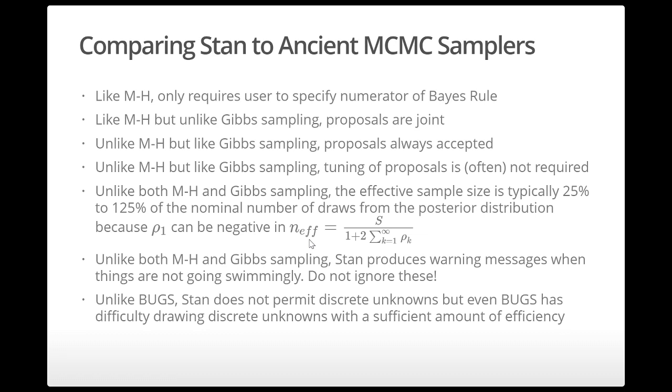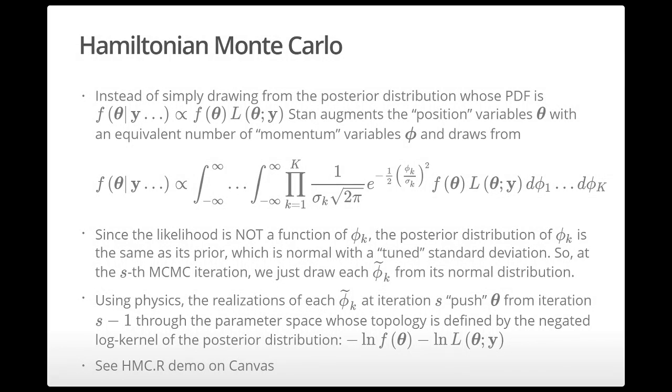All right? So what does that mean? Stan implements a variation of what's known as Hamiltonian Monte Carlo. So instead of just drawing from the posterior distribution of theta, conditional on the data, Stan is going to augment the theta variables, which you can think of in the physics sense as positional variables, with an equivalent number, let's say k, of momentum variables denoted phi.